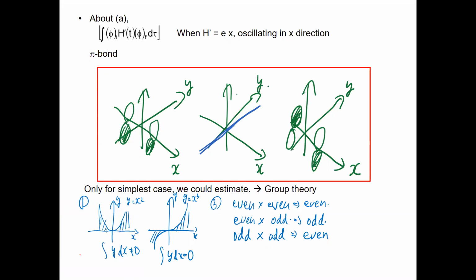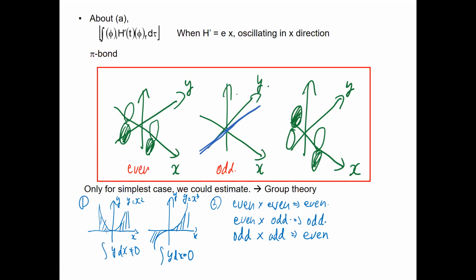So just looking in the x direction, we take the integral in the x direction. In the x direction, this function is an even function, right? And this linear function is an odd function.